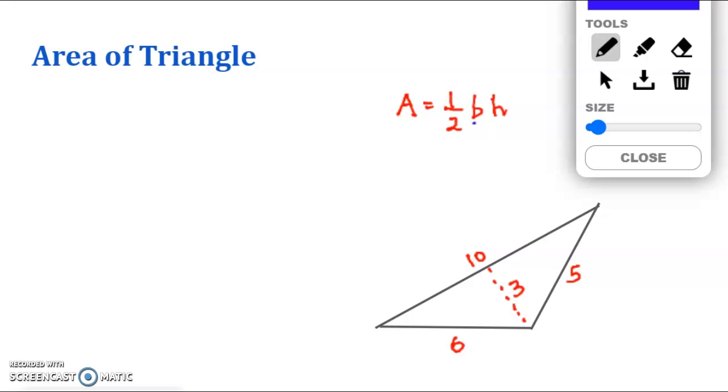Remember, the two lengths B and H have to be perpendicular to each other. So I have an altitude of the triangle here, 3. If I am multiplying this number 3 by something, what is the length that is perpendicular to it? That's going to be this number. So it's going to be 10 times 3 divided by 2, which is 15 units square.